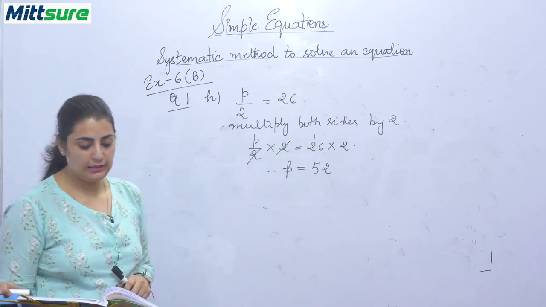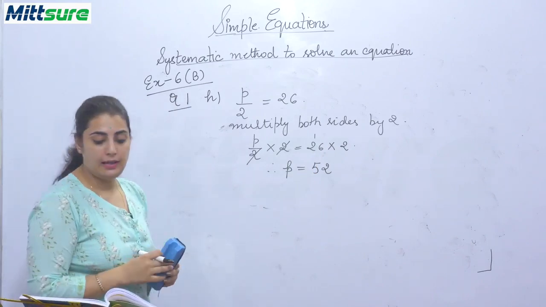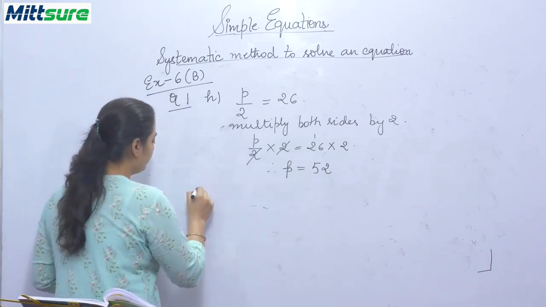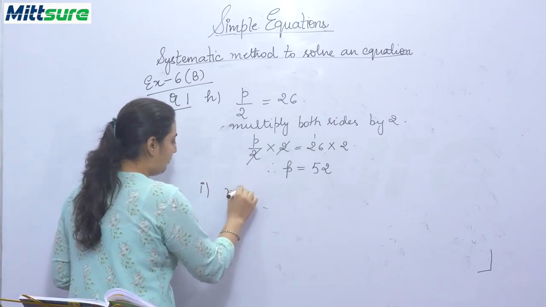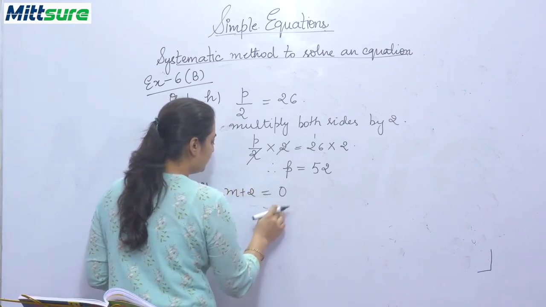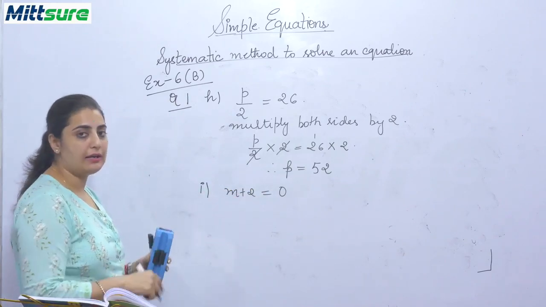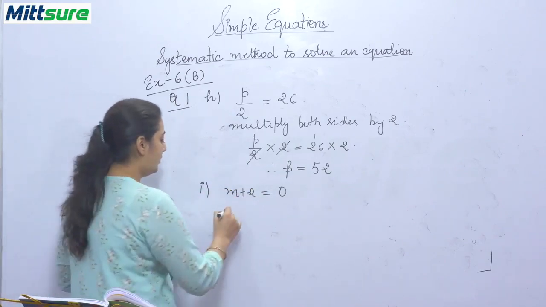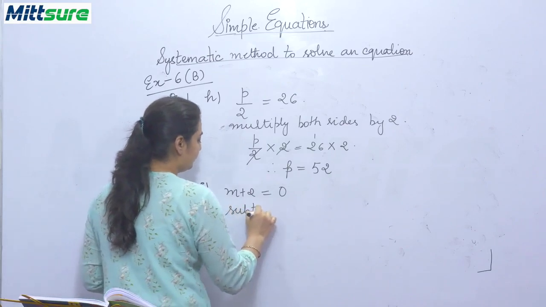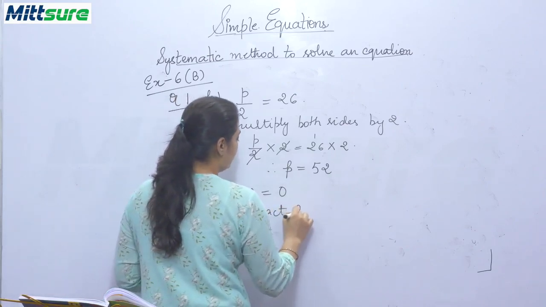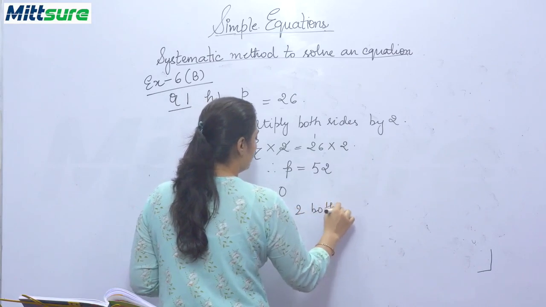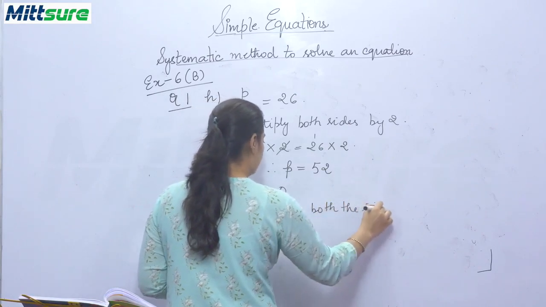Now let us see in the I part, that is m plus 2 equals to 0. Now here is already plus 2. I will be subtracting 2 from both the sides.